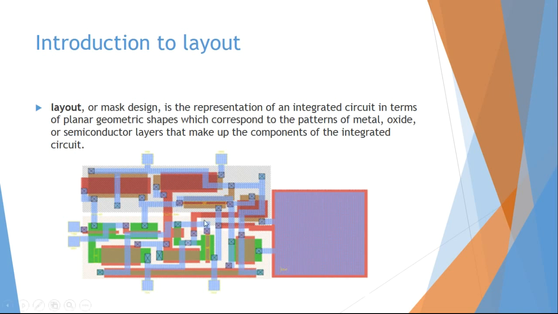As you can see from here, we have the different layers connected with each other using different vias or contacts, right? So this is a general top view of an IC. Using the layout, usually masks are created, which are used in the foundry for creating an IC.